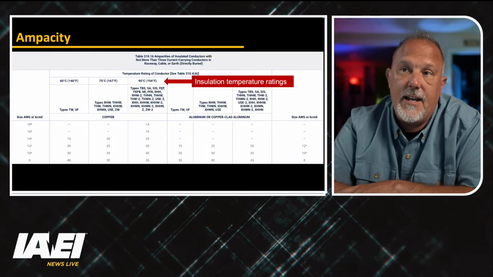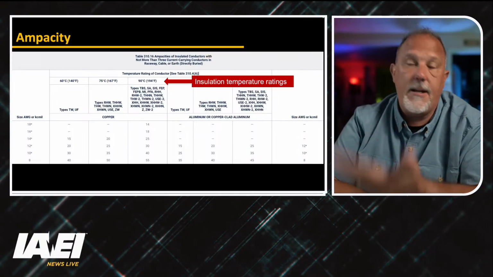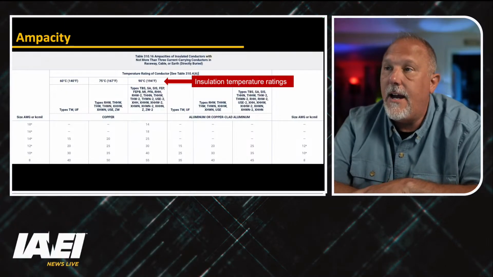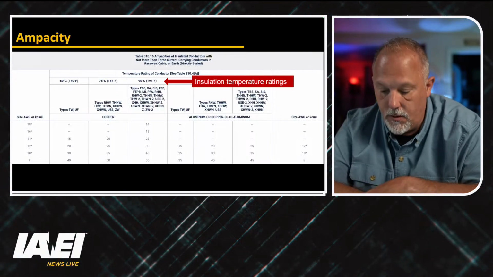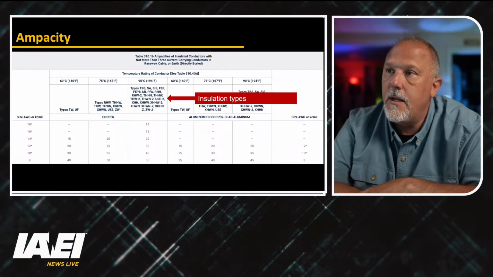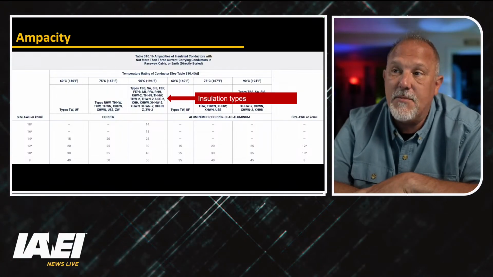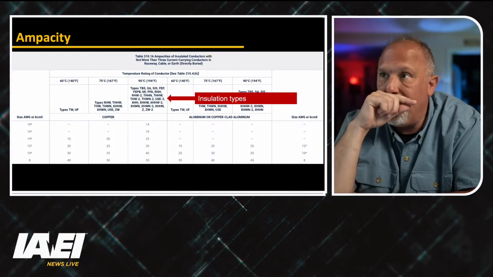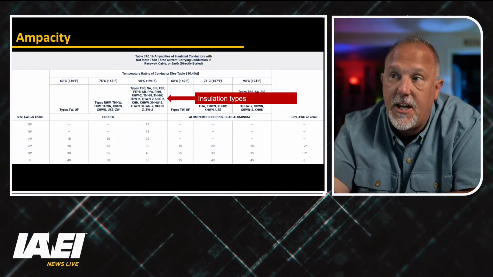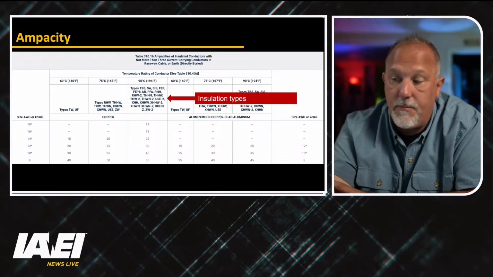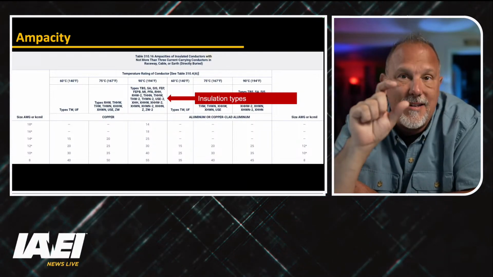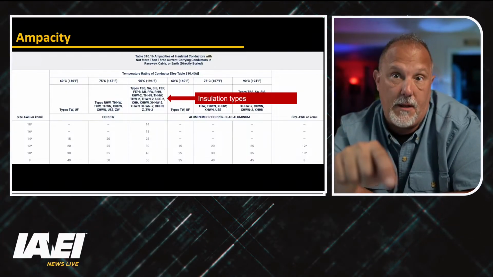The other thing that I've established in this table is the insulation temperature rating of the conductor. So I have a 60, 75, and 90 for copper, and the same for aluminum. There's my insulation type. Remember, in that first table in 310, we had THHW and THHN. Those are the insulation ratings, and those mean something.